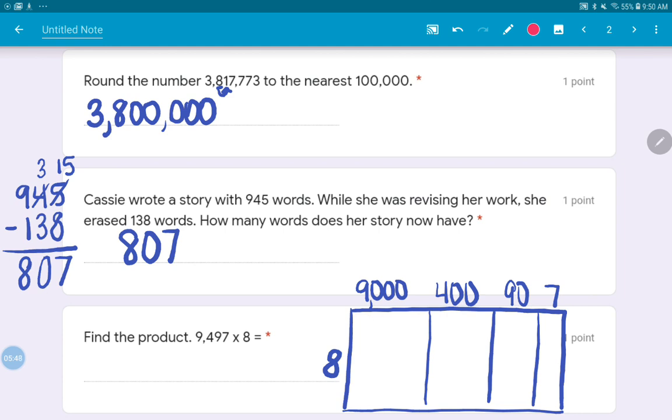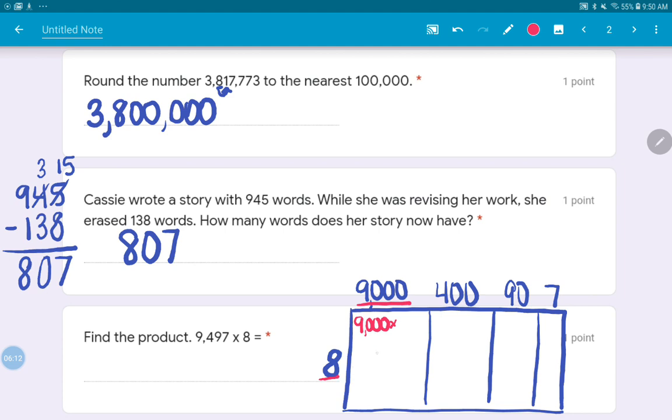To find the area of this first section, do you see how I have smaller rectangles inside one larger rectangle? Okay. So to find the area of the first section, I'm going to multiply the length, which is what? 9,000. So the length is 9,000 times the width.